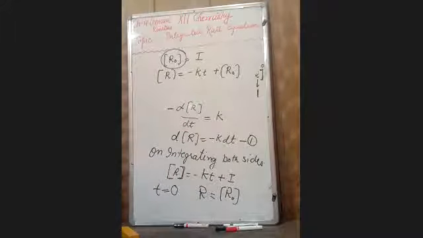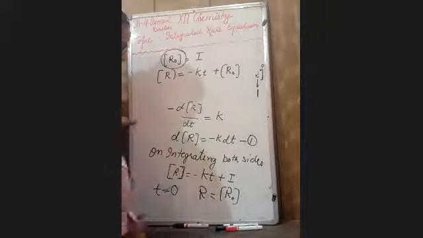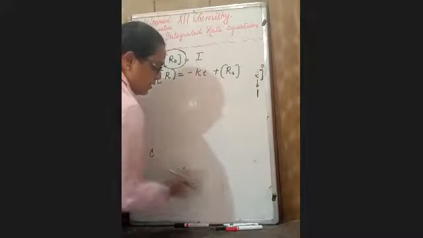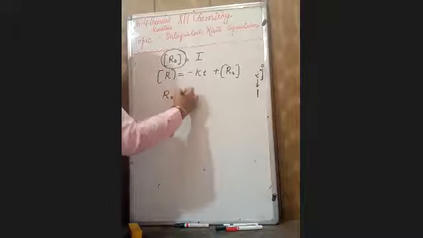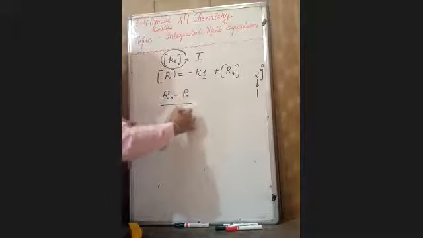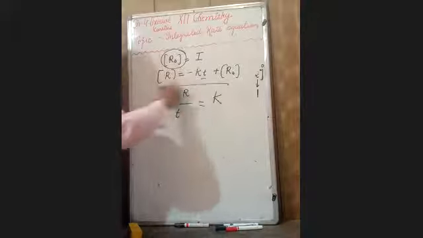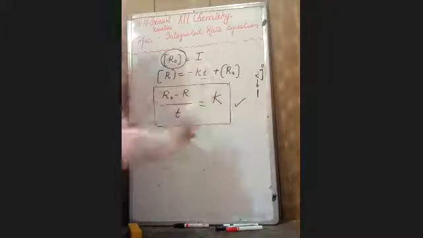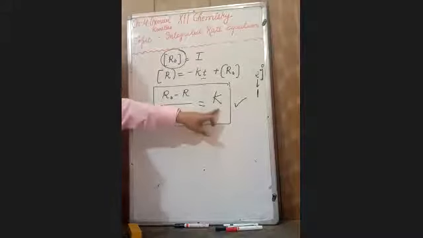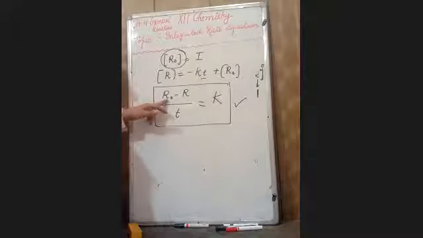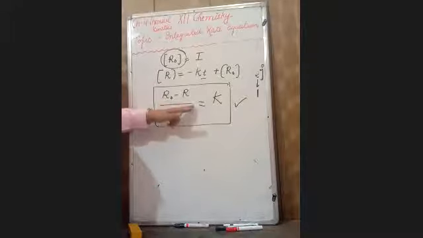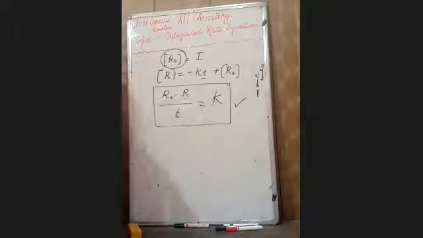Simply I am arranging: R naught minus R over t is equal to k. This is the rate constant for zero order reaction, where R naught is your initial concentration, R is your final concentration, t is time, k is your rate constant.